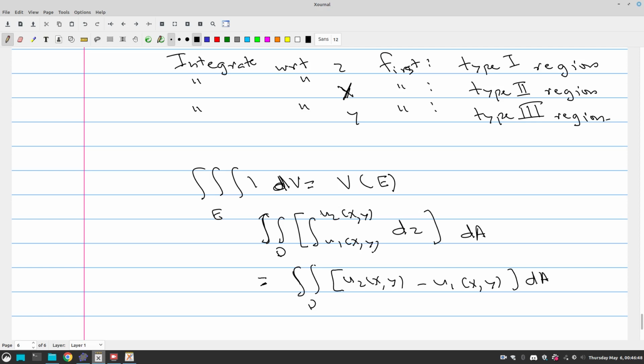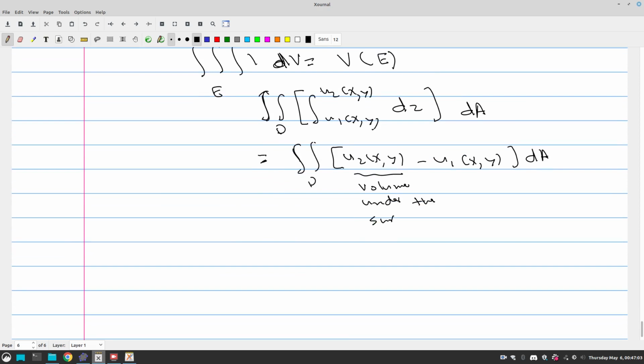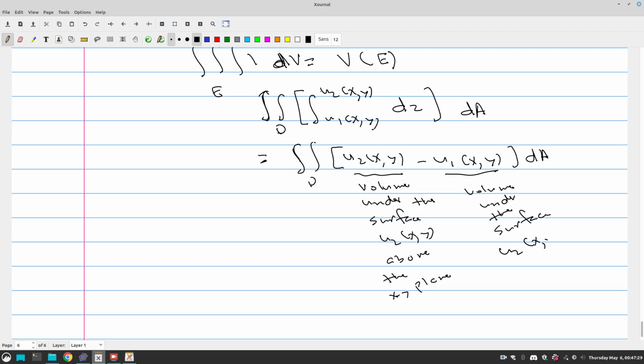So remember, this integral gives me the volume under the surface u2(x,y) above the xy plane, and this integral gives you the volume under the surface u1(x,y) above the xy plane, right?